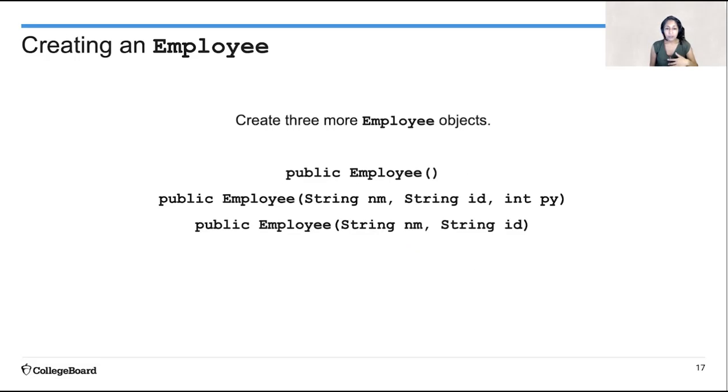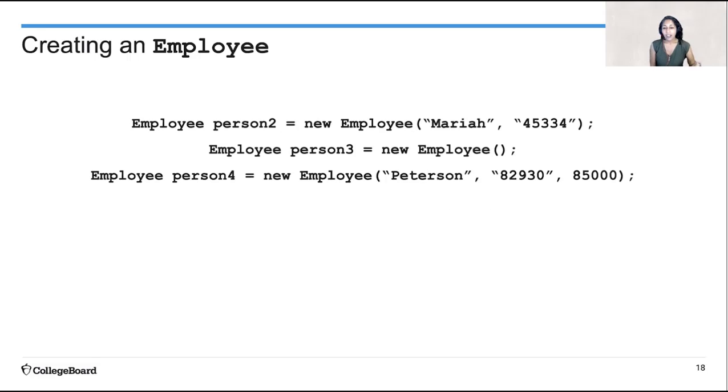Take a moment to create 3 more employee objects of your own based off of one or more of these constructors. Okay, here are some of my examples. I have Employee person2 equals new Employee, so this is calling that last constructor that just has the 2 parameters.